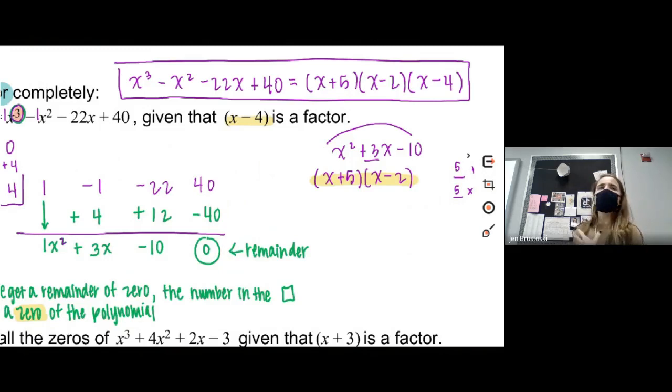So really the real reason we use synthetic division is to make problems easier to factor. It can be somewhat of an extensive process.